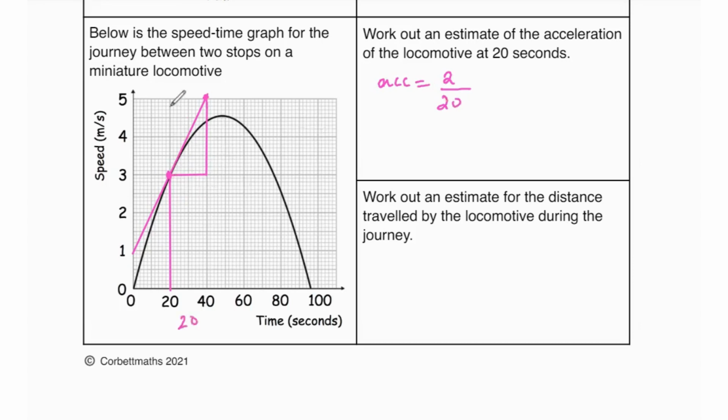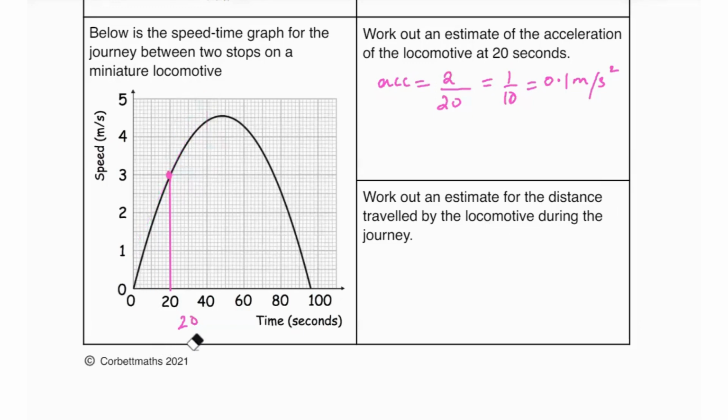So that's going to be 1 over 10, which is 0.1 meter per second square. That is our acceleration. Then it says work out an estimate for the distance traveled by the locomotive during the journey.